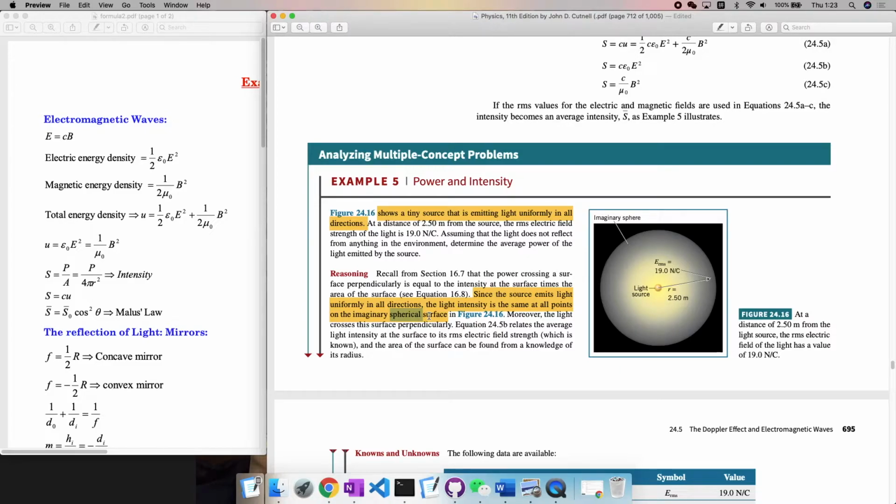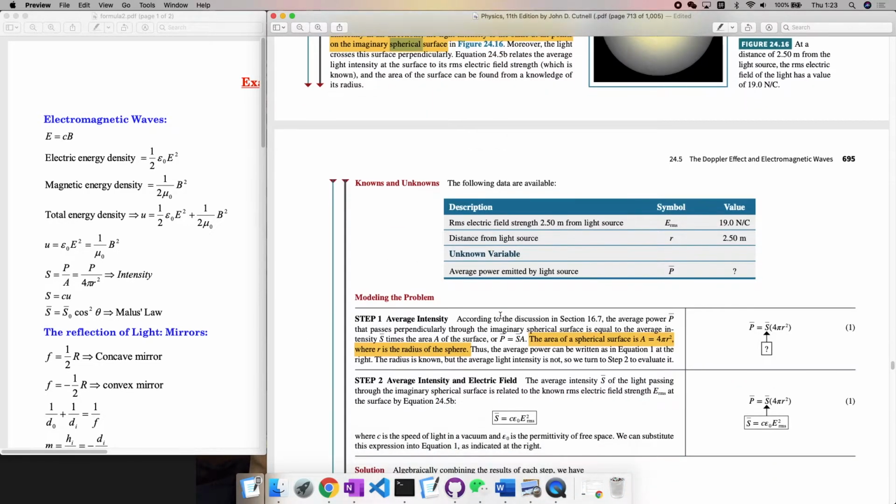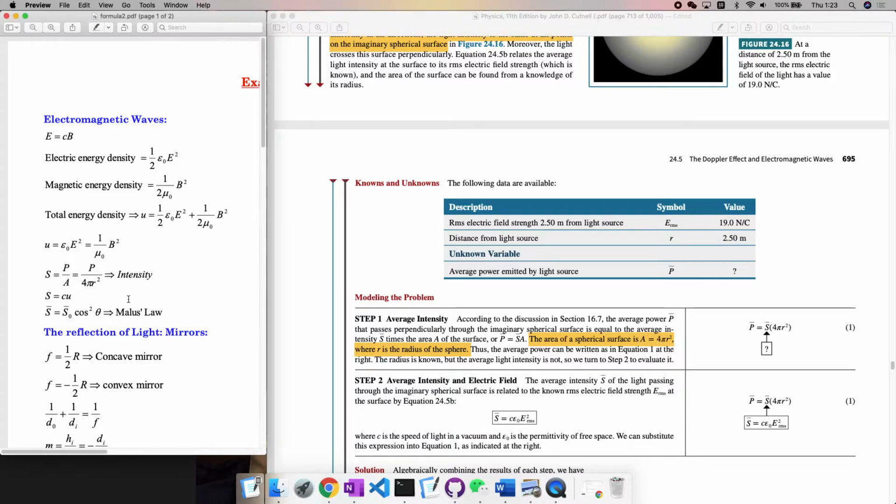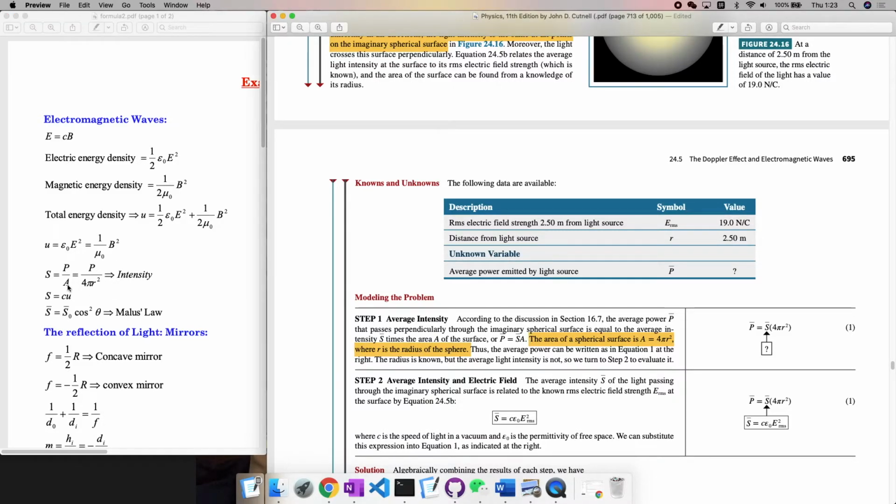We cannot use pi times r squared because we are facing a spherical surface. So how do we calculate the area of a spherical surface? Down here, the area of a spherical surface is A equals 4 times pi times r squared. So this is where the area comes from, and this is where we can apply this term. This is the difference between these two.